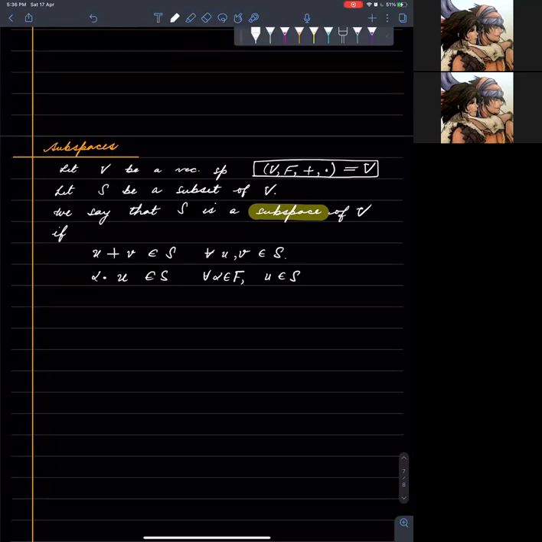One should check that S, along with F and the restricted addition and scaling, is a vector space.